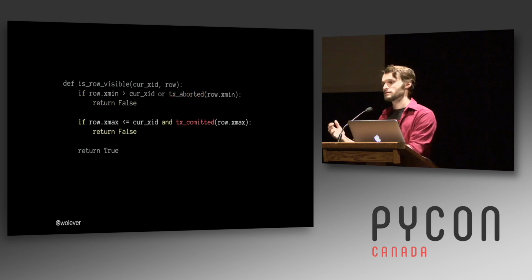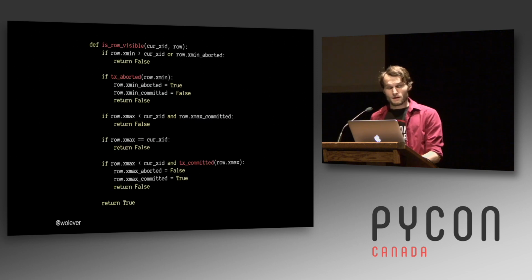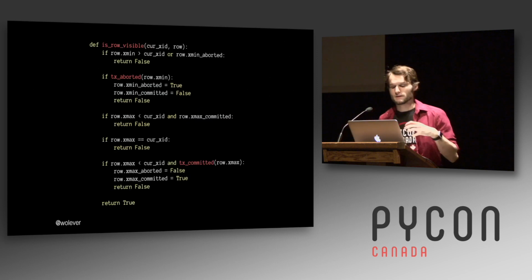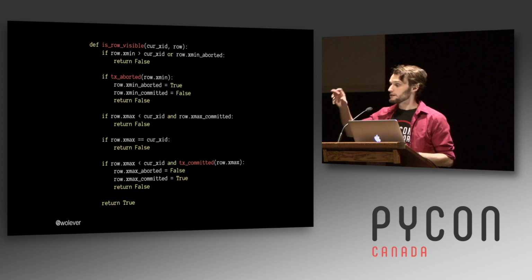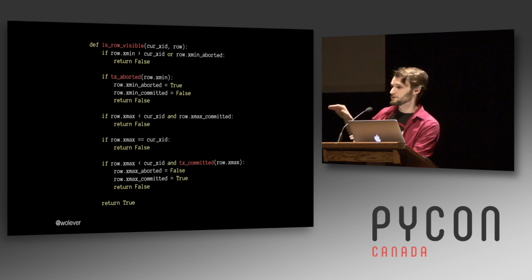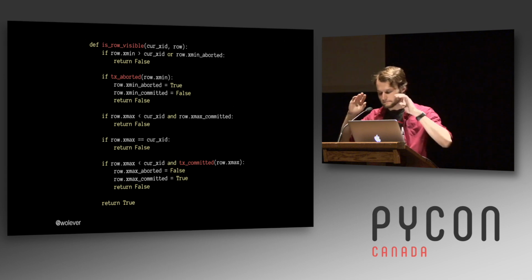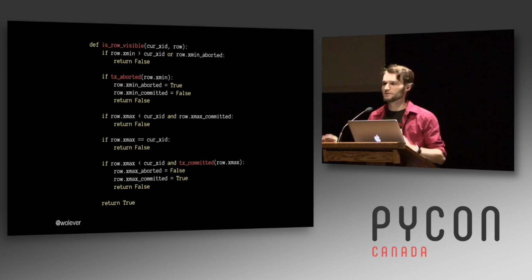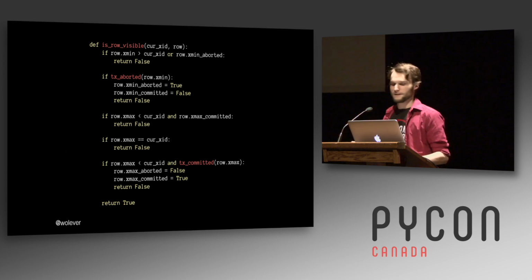Similarly, we don't just check the xmax, we check to make sure that it was actually committed. And that is also a lie because checking the state of a transaction, whether it's committed or aborted, is kind of slow. So Postgres also caches that on the rows themselves. And it even goes further, but anyway, it's good enough for now.